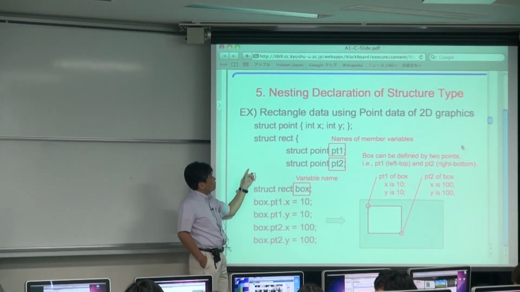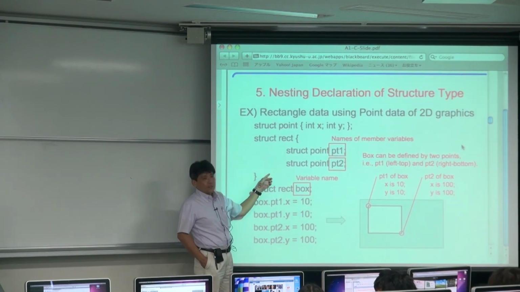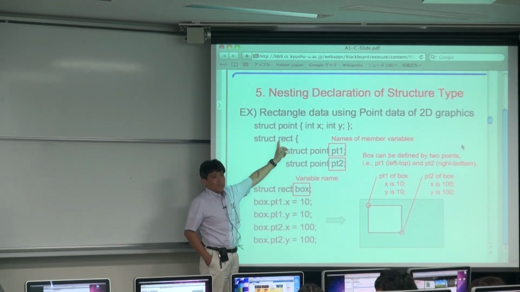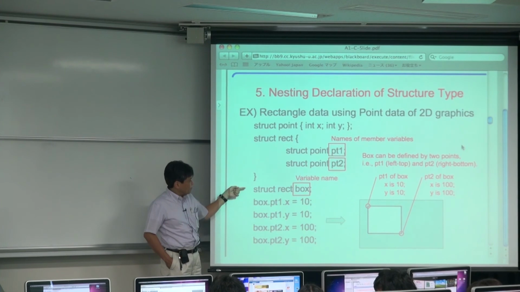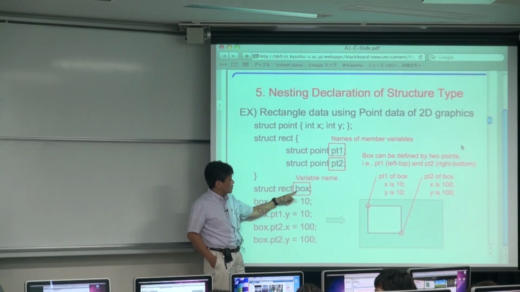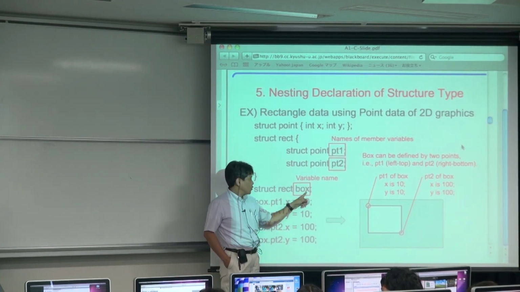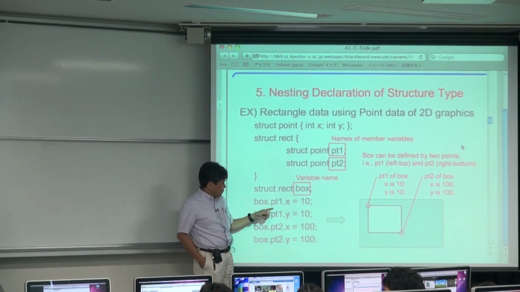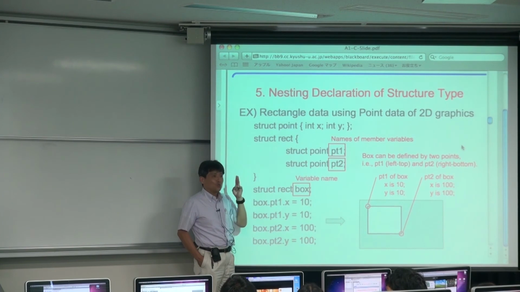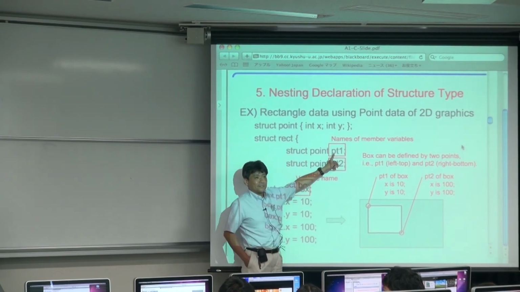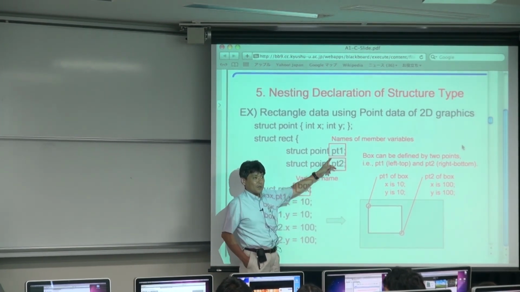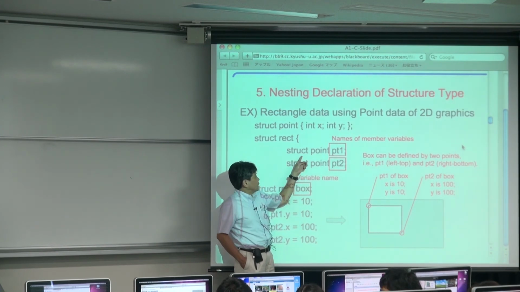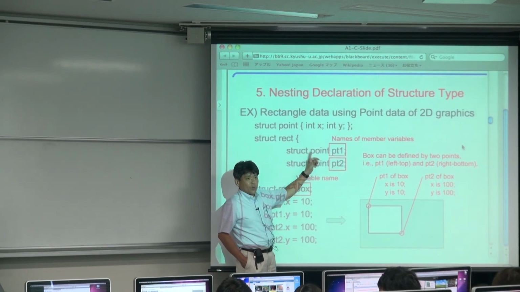So once you define the new structure type data, rect, you can declare the variable box for such a structure data type. In fact, box has 2 member variables, PT1 and PT2. Such member variables are both also structure data type points.